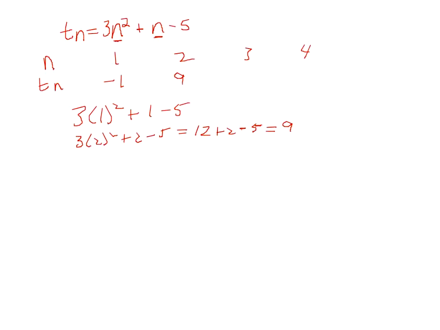When I plug in n equals 3, it's in a different color so we can see what we're doing. 3 squared is 9, times 3 is 27, plus 3 is 30, minus 5 is 25.